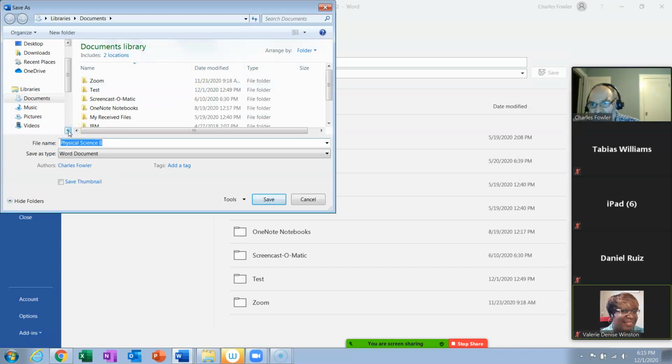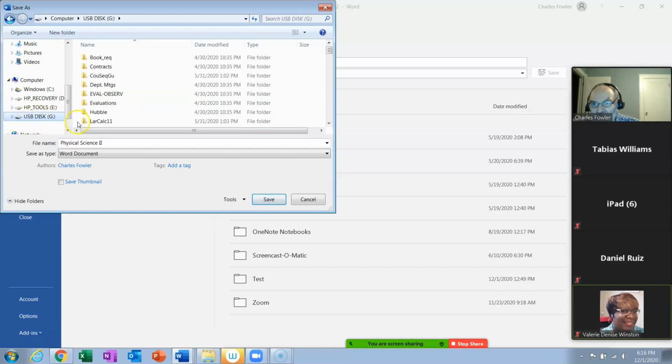Goodness, this is so screwy. There, USB G. Okay, I'm almost there.